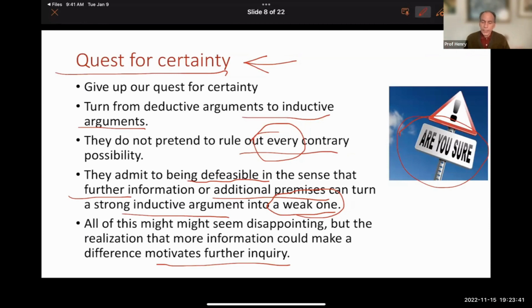So on the first hand, it might seem, oh my gosh, inductive arguments could very well not be strong, but don't be disappointed. The realization that more information could make a difference could motivate us to study it, get more evidence. And that's the research process.